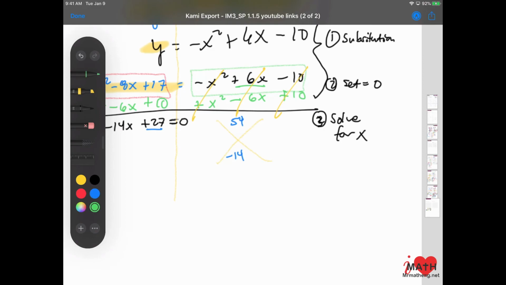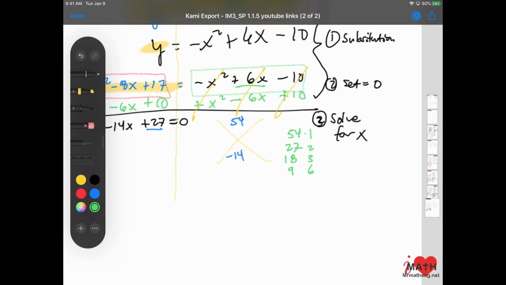Let's list out all the factors of 54. 2 times 27, 3 times 18, 4, 5, 6, and 9. I think that's all we got.